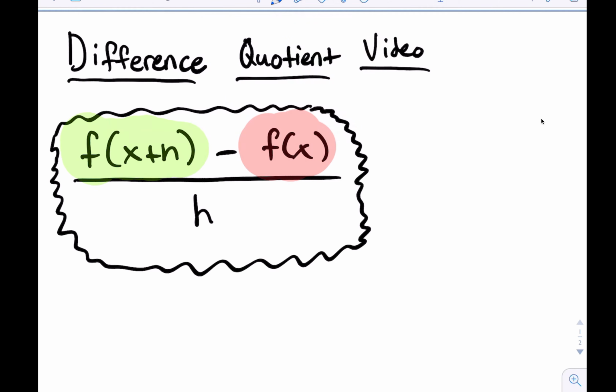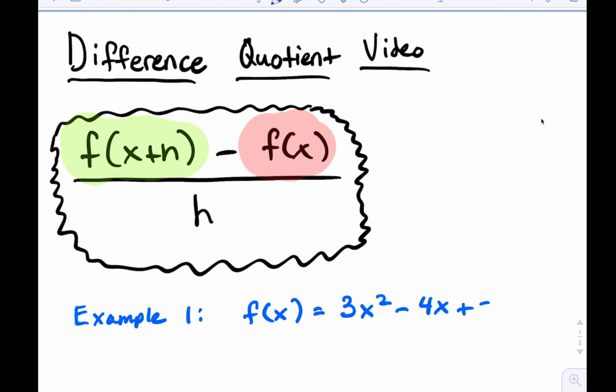Okay, so the first one I'm going to do is just a polynomial. I'm going to let f of x be 3x squared minus 4x plus 5. What we need to do first is figure out f of x plus h.